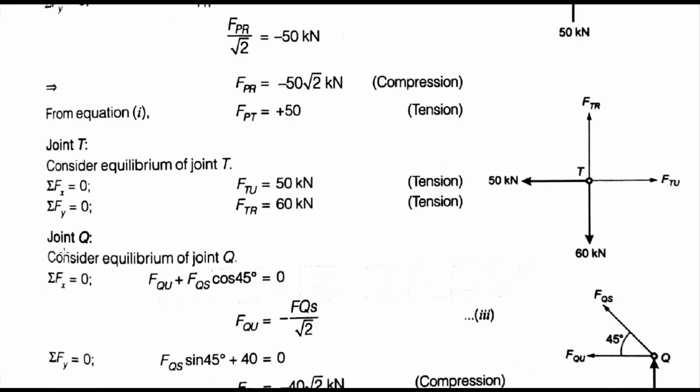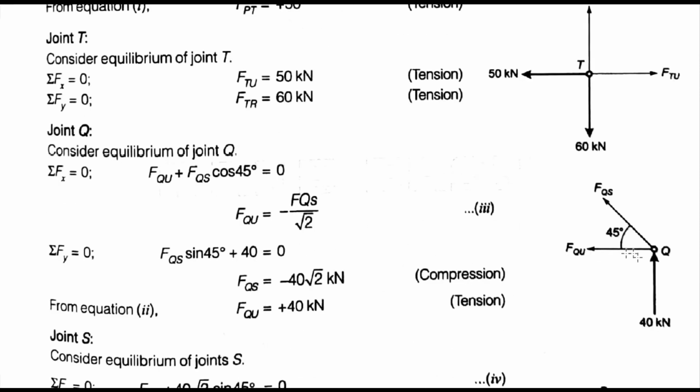Now consider joint Q here. Draw the free body diagram of joint Q again. This is our inclined member, and we have two components again, FQS cos 45 and FQS sin 45. So summation of Fx equal to 0 gives FQU plus FQS cos 45 degree is equal to 0. This is the first equation, and summation of Fy equal to 0 means 40 plus FQS sin 45 degree is equal to 0.